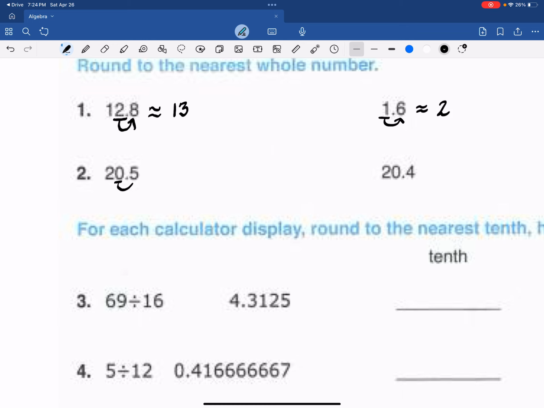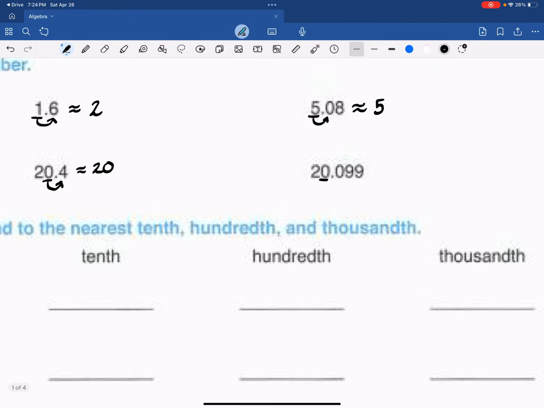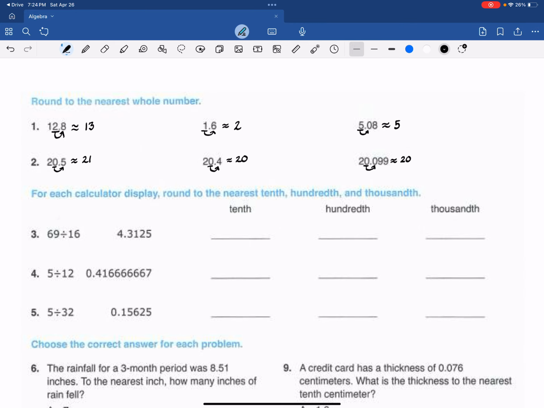Here, we look at the neighbor, and the neighbor says round up. Look at the neighbor, it says stay the same. Look at the neighbor, doesn't matter about those 9s, the neighbor says stay the same. You always look at the next door neighbor. So if you round those to the nearest whole number, you will get those answers.